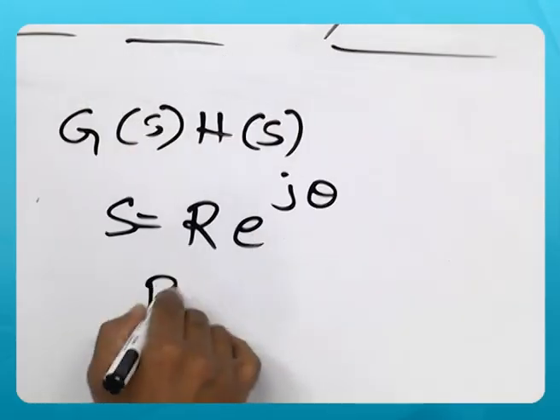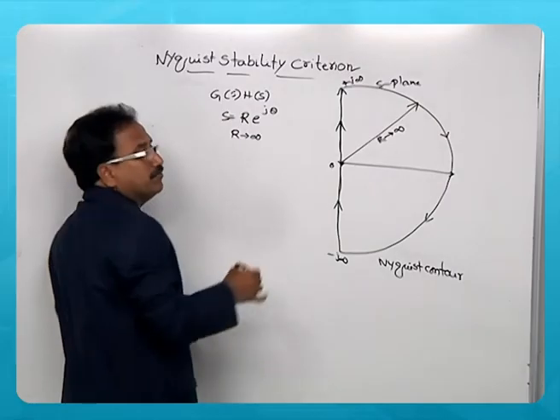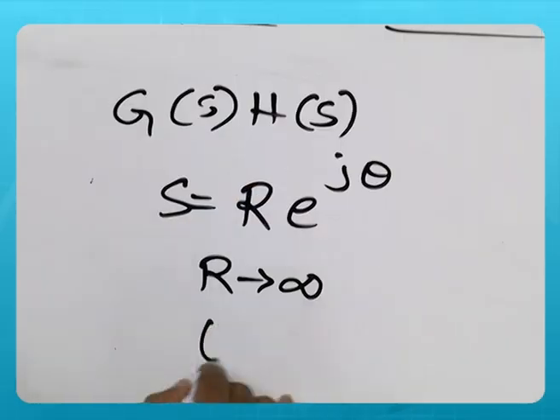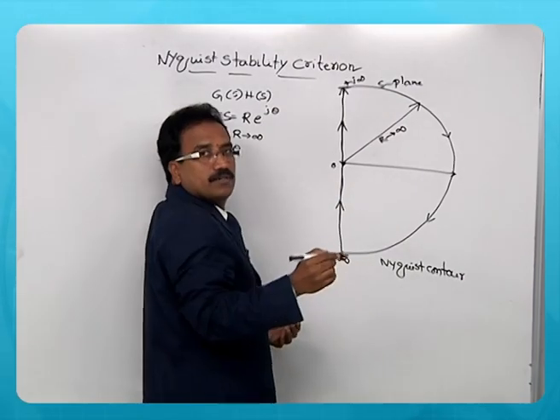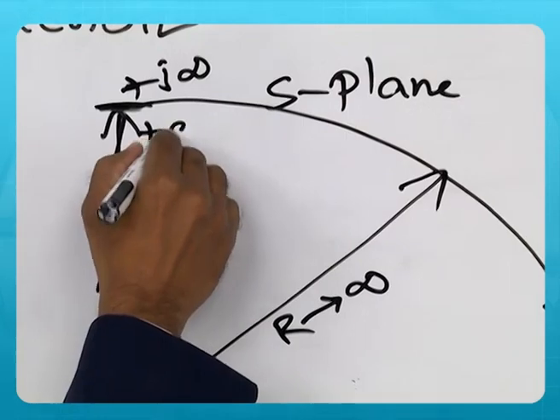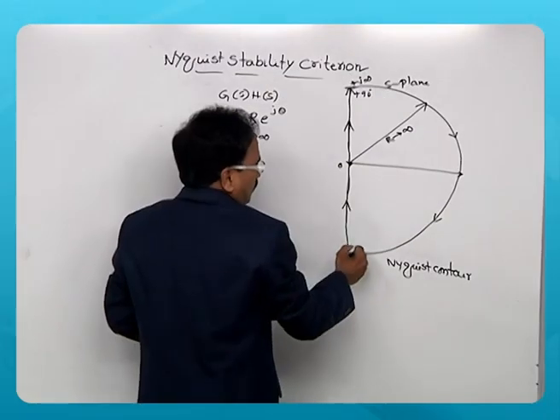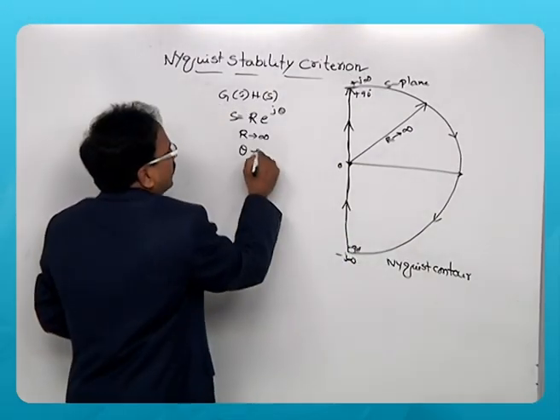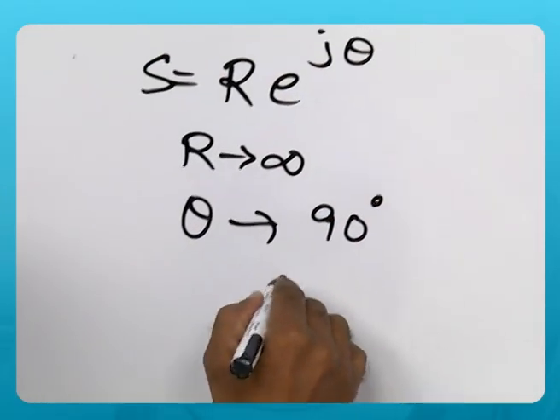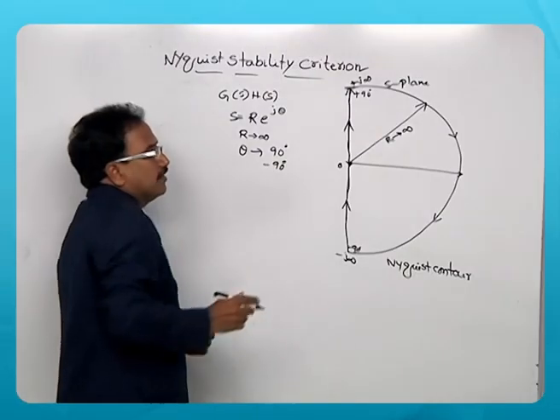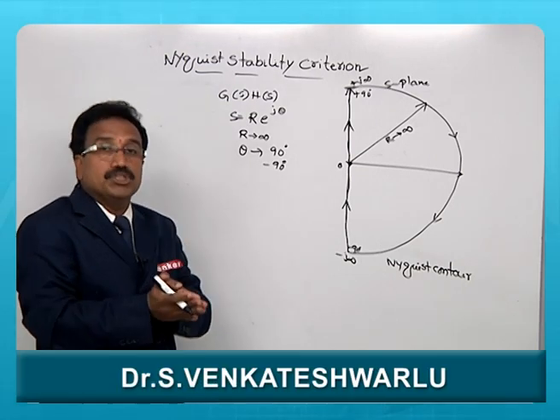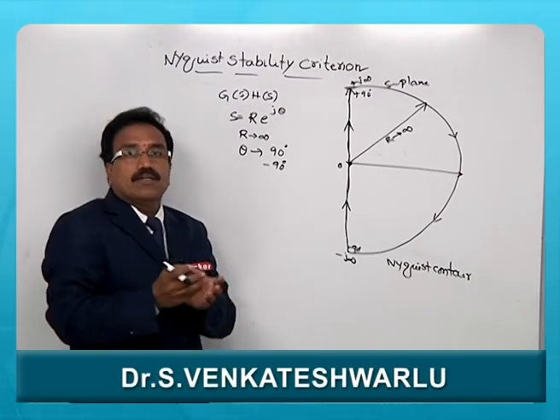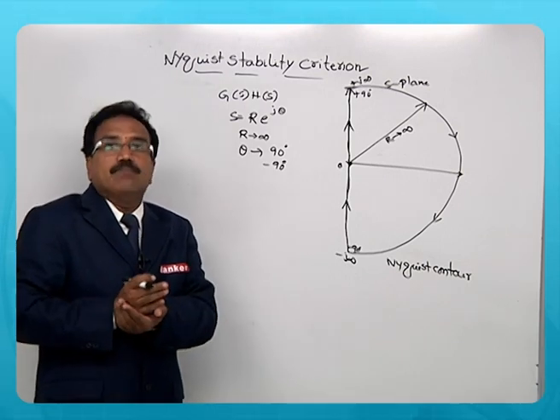This r is the radius tending to infinity, and theta varies from plus 90 to minus 90 degrees. This is the way he covers the entire right half of the plane, then assesses the stability.